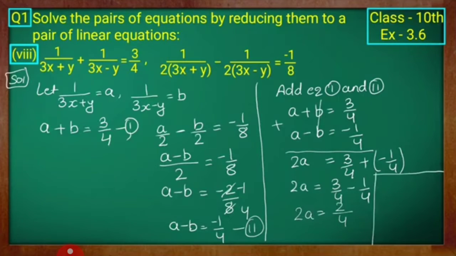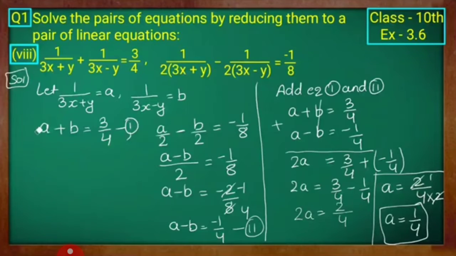So a is equal to 2 upon 4 upon 2. Okay. So 2 are cancelled. a is equal to 1 upon 4. You can simplify by yourself. No need to copy from here. Just see the pattern only.